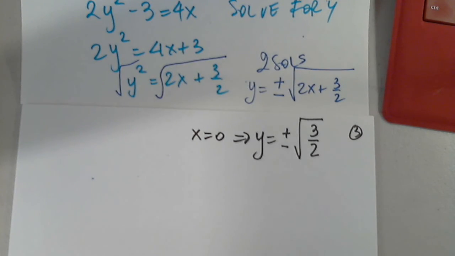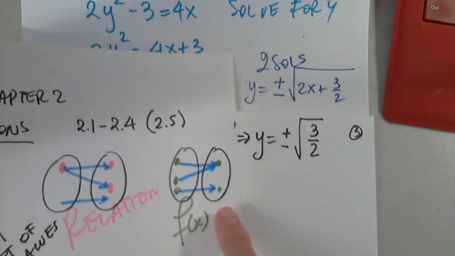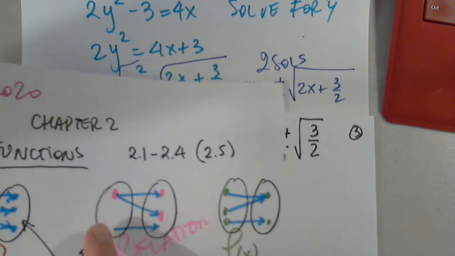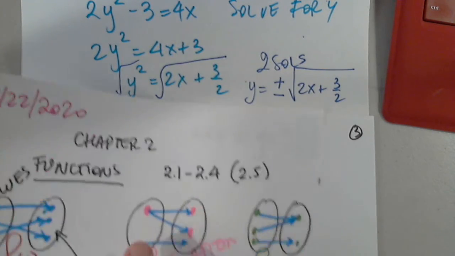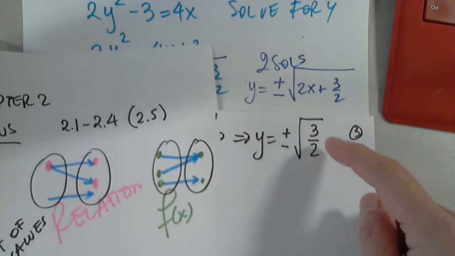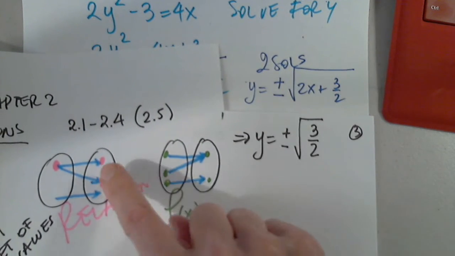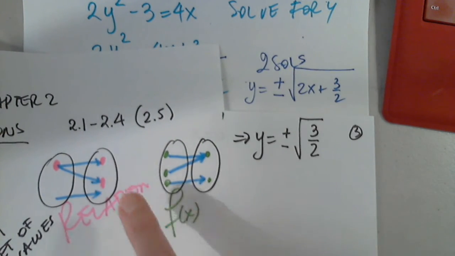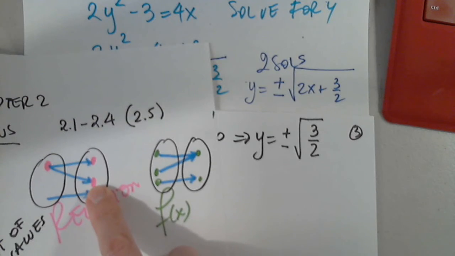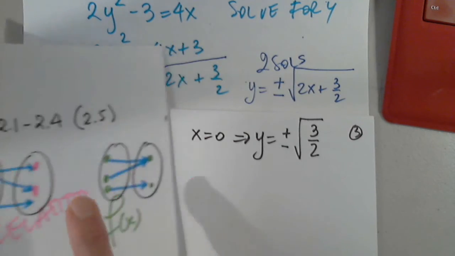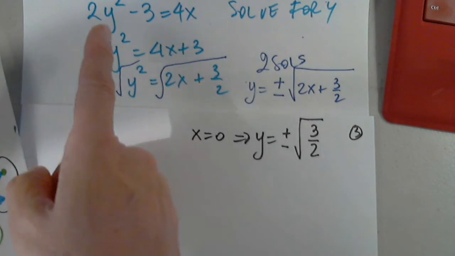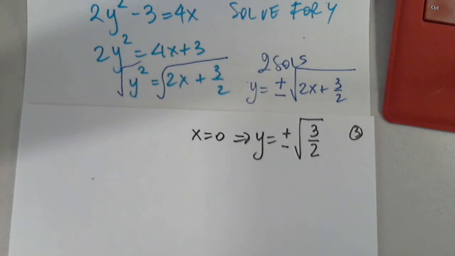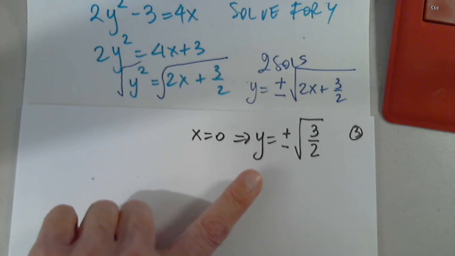Which brings us back to this situation. For x equals 0, if this is 0, I get on the other side the positive square root of 3/2 and the negative square root of 3/2. So such an equation cannot be a function. It must be a relation.